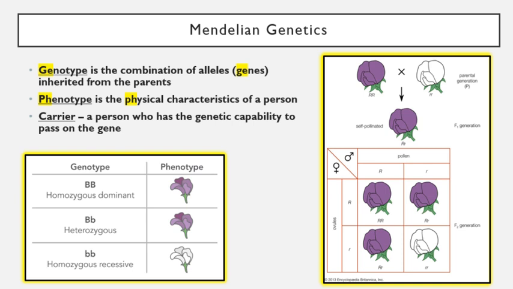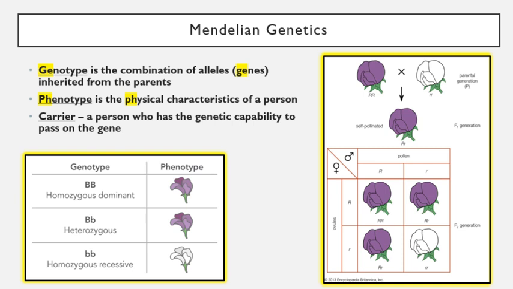If you're homozygous dominant, all you have is purple color, so that's all you're going to express. If you're heterozygous, you have one purple and one white, but the dominant allele always dominates. So it's going to be a purple flower, even though it has a recessive gene, because it gets overexpressed as purple.